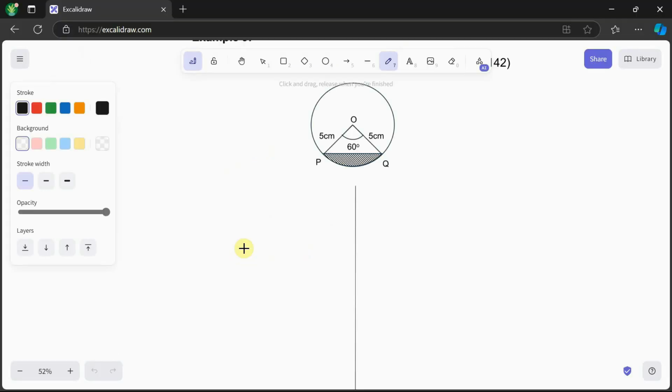Let's solve it together. We know our formula for the perimeter of a segment is the length of the arc plus the length of the chord. For the arc, the formula is theta over 360 times 2 pi r, and the length of the chord is 2r sine theta over 2. So what are we given?